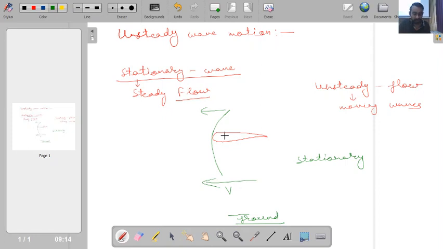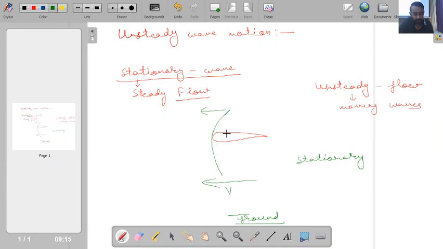However, this situation can be simplified. Now what I can do, I can just take this person from the ground and put him inside the plane itself. So when a person is actually sitting on the moving object, he or she will experience that shock wave is actually stationary with reference to him or her.